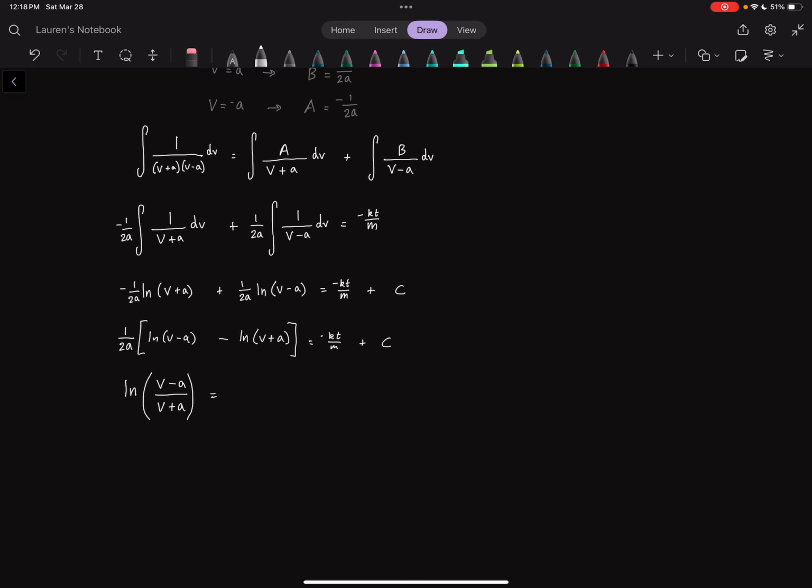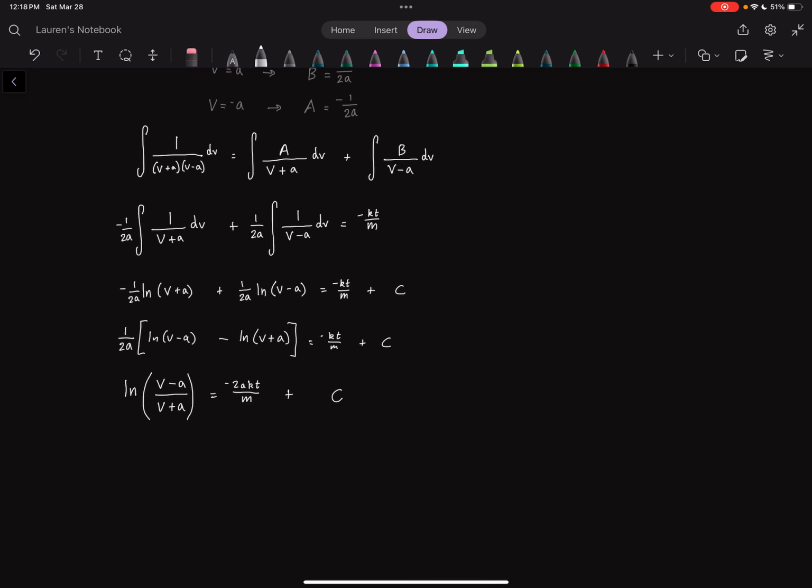And then we move that 2a from the denominator up, so minus 2a kt over m plus C, and we can just absorb the 2a into that constant there. No need to write 2aC, it's just a constant. So we can absorb that.